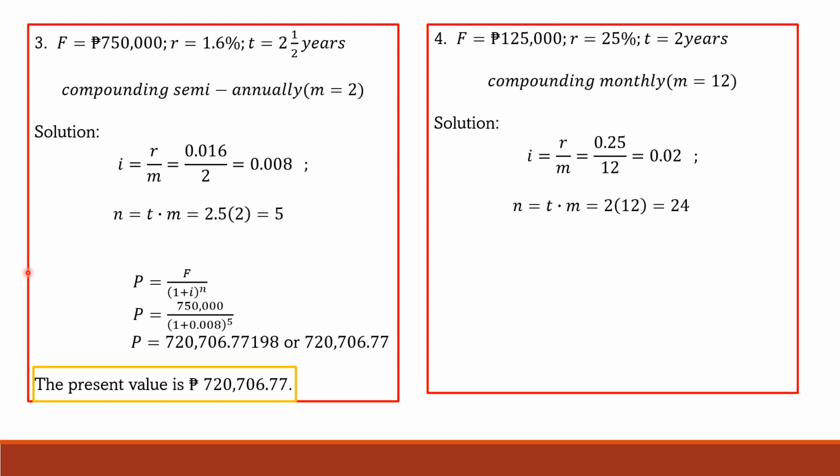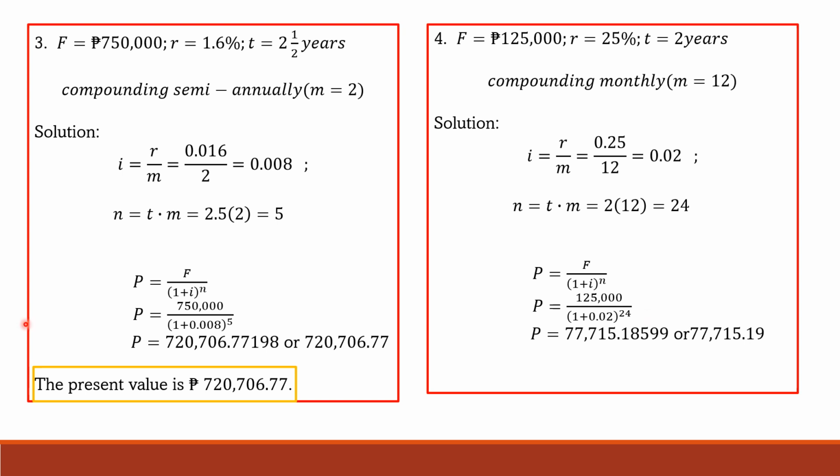N is equal to T times M, time is 2 years, times the conversion period 12, so that is 24. So substitute lang din po natin sa formula, ang ating final amount is 125,000, and then divided by 1 plus, ang I natin ay 0.02, at raised to N, ang N natin is 24.